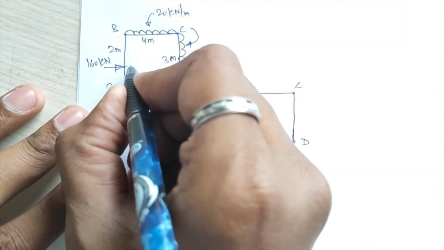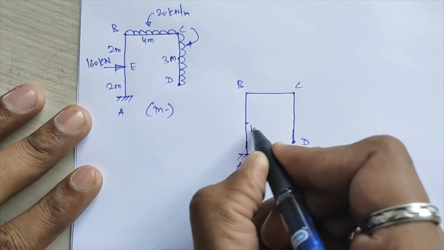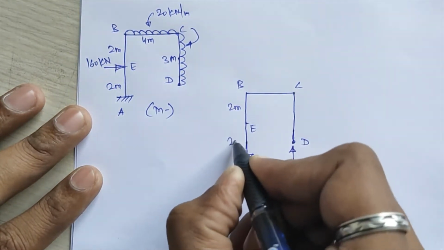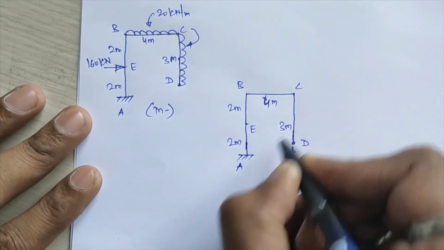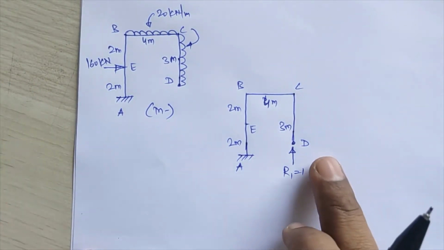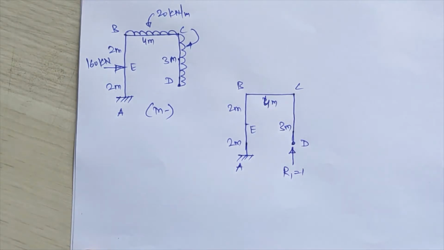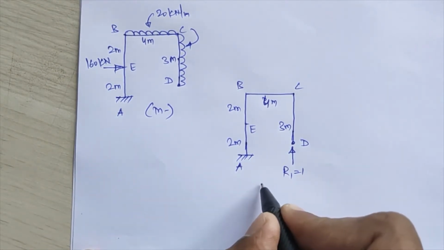This is your point E. 2 meter, 2 meter, this is 4 meter, and this is 3 meter. So I have removed all the given loads and taken a unit load at the first coordinate.